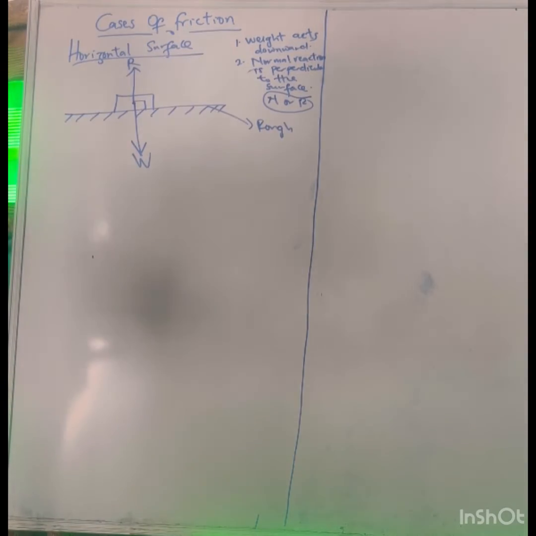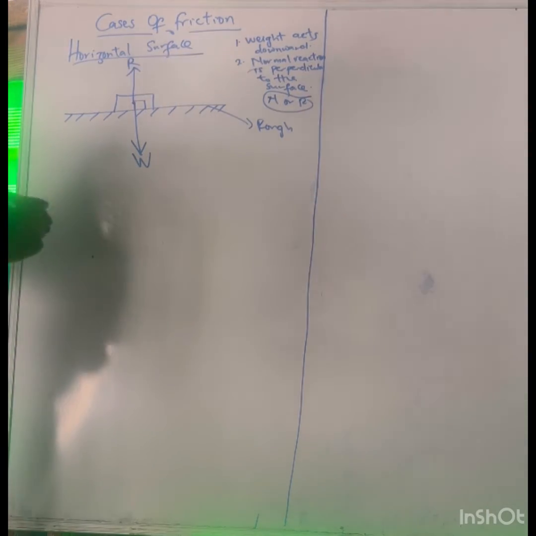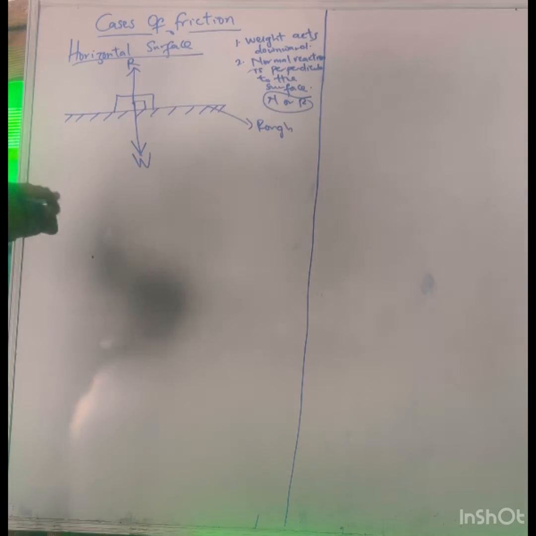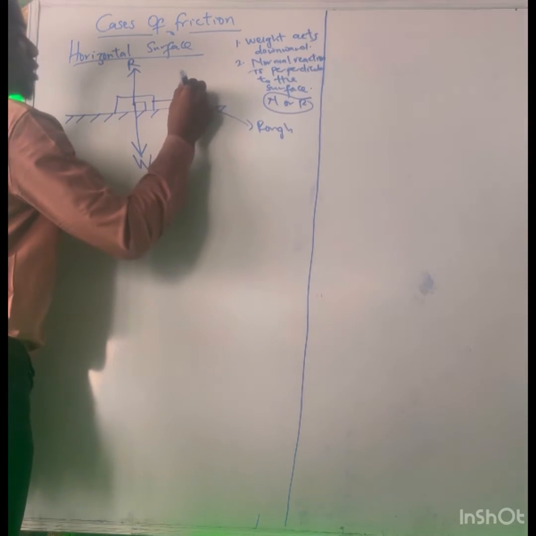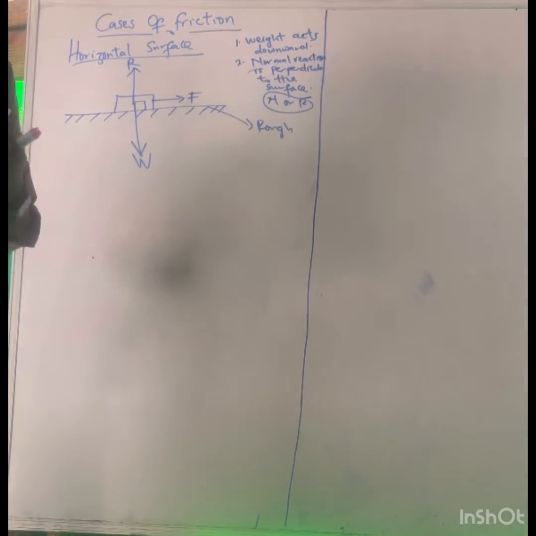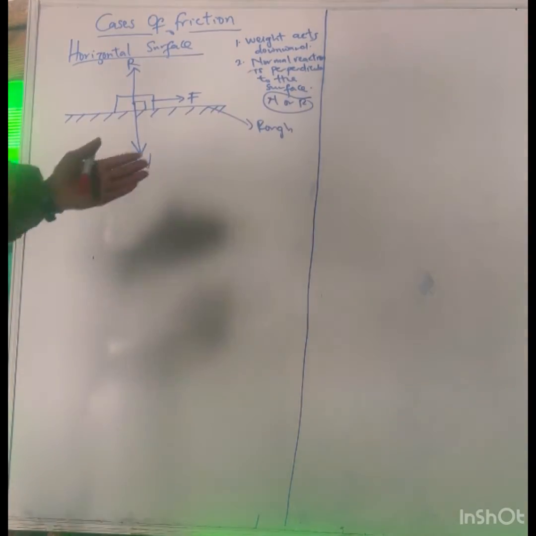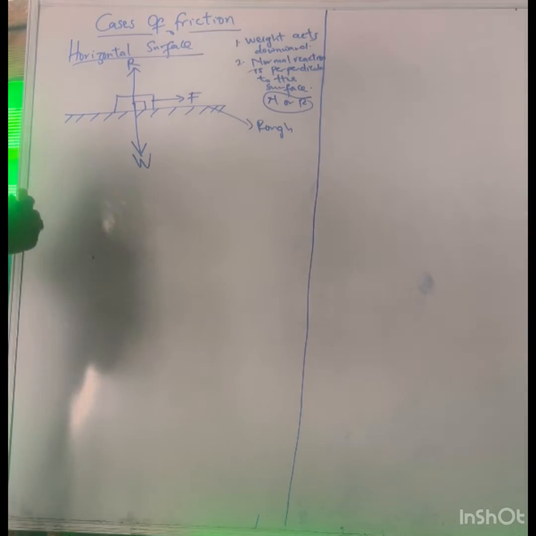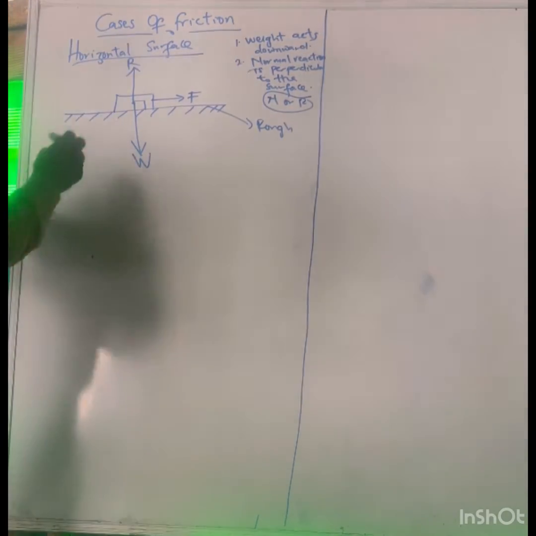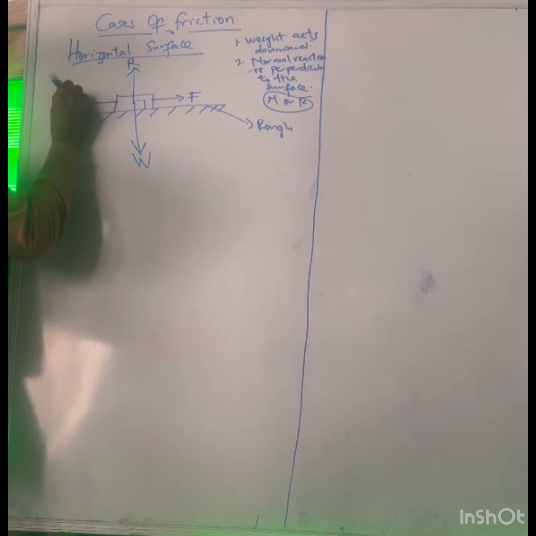Then the next thing you have to notice is that before this object can move, it requires a forward force to move it forward. Since the surface is rough, we are going to have our frictional force. Remember that your frictional force is an opposing force, so it acts in the opposite direction.